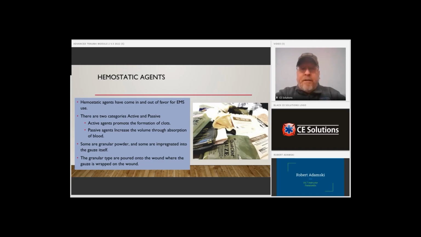They've done some studies comparing the two, and what trauma surgeons have typically found is that, unless you remove all of the blood, when you apply the granular powder it can get lost in the actual volume of blood and not get down to the actual wound site where it can work to help control the hemorrhage. So in general, the latest research has shown that the impregnated gauze tends to be the superior version of the two types of hemostatic agents.